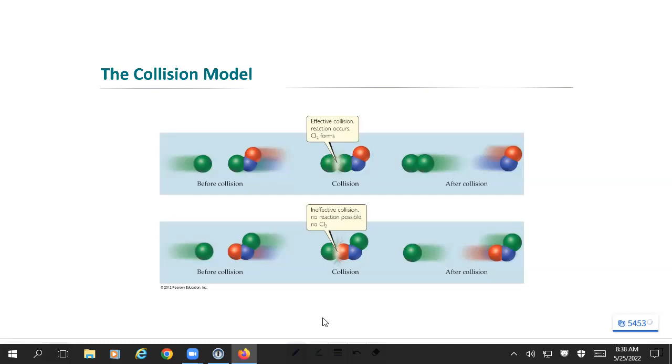Now, formally, we refer to this idea of chemical reactions by collision as the collision model of the reaction.